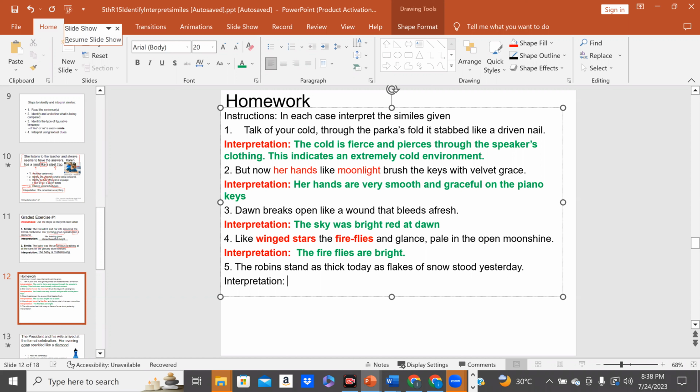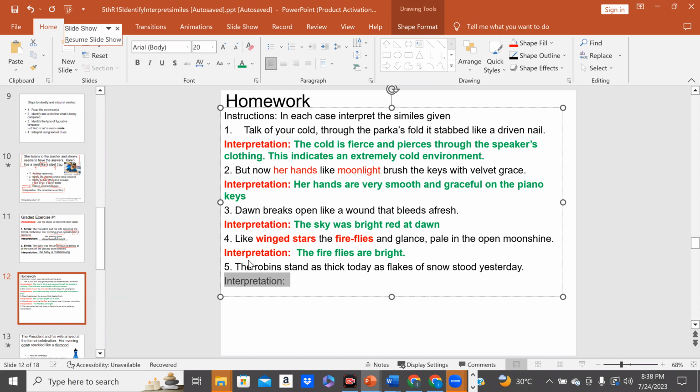Because it's talking about the robin stood as thick today as snowflakes. Snowflakes is a lot. You are absolutely correct. Thank you.